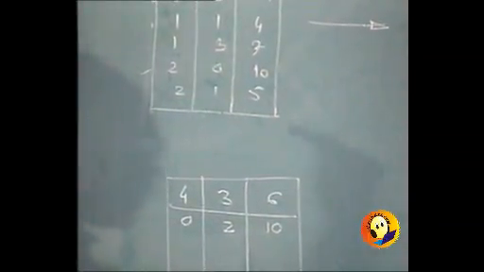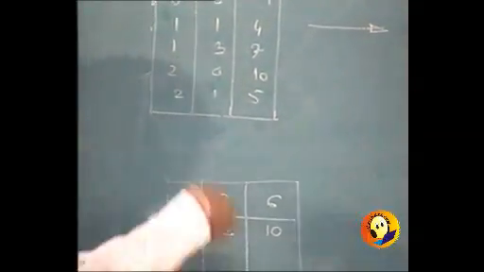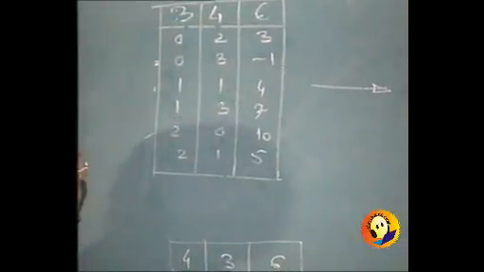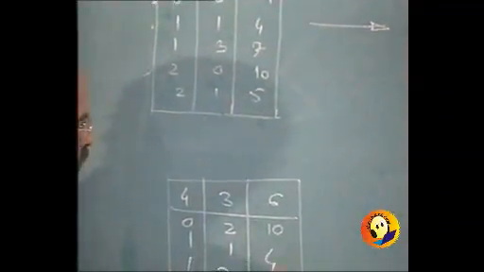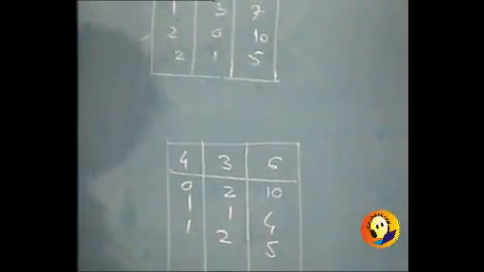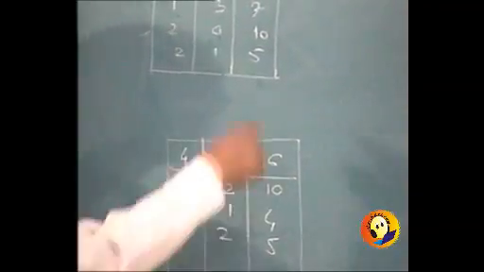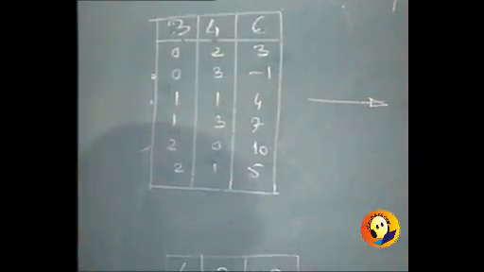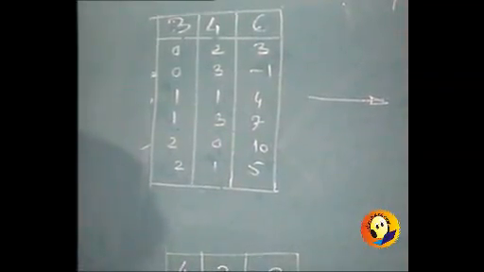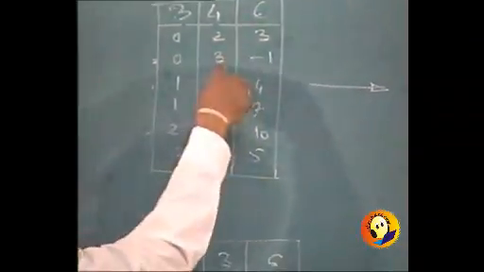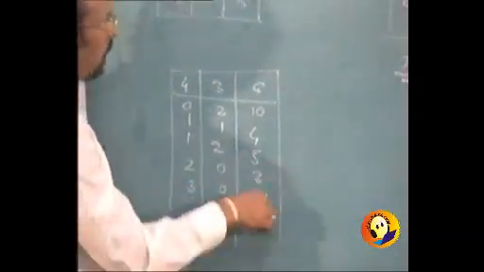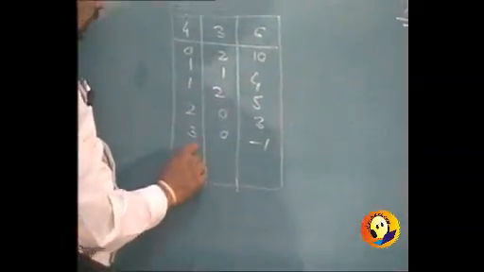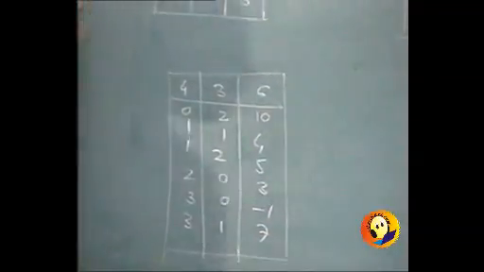Then I will search for column number 1 from top to bottom: 1, 1, 4, 1, 2, 5. Then I will search for column number 2: 2, 0, 3. And then column number 3: 3, 0, minus 1, 3, 1, 7.